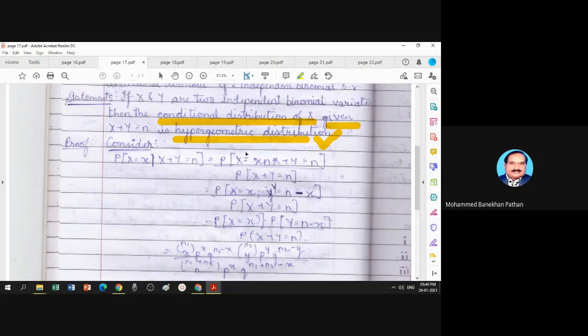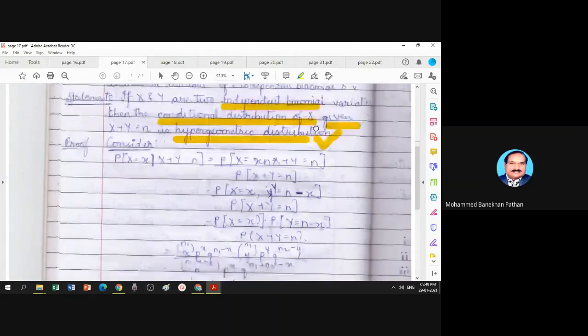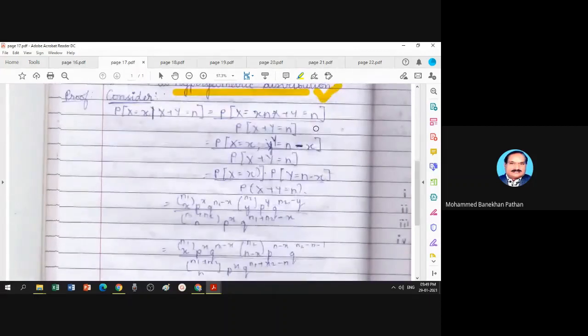Now the statement says the variables are independent. So you know that if the events are independent, intersection becomes a product. So I write probability X equal to x multiplied by probability Y equal to n minus x.